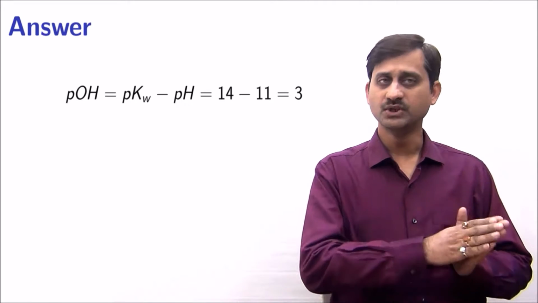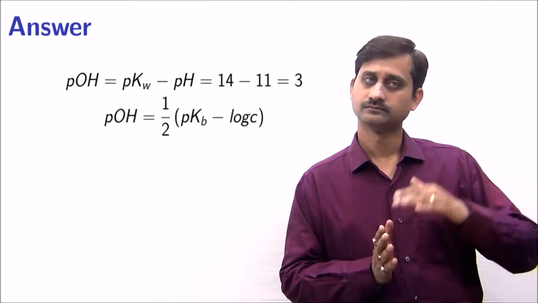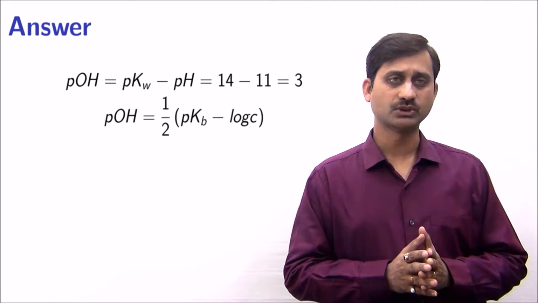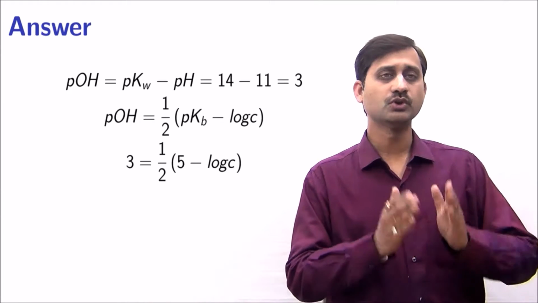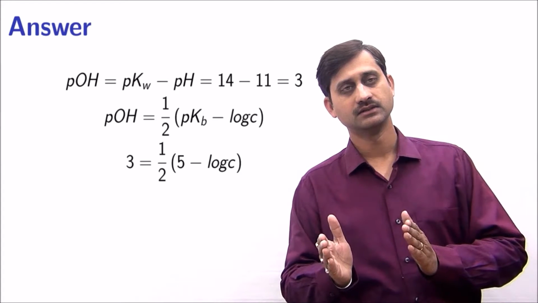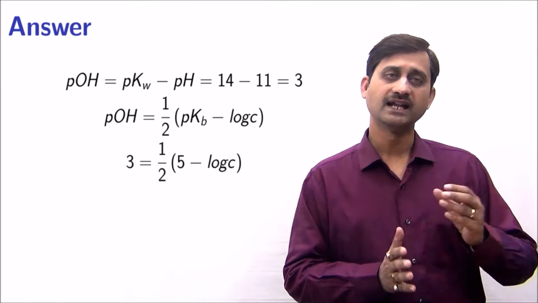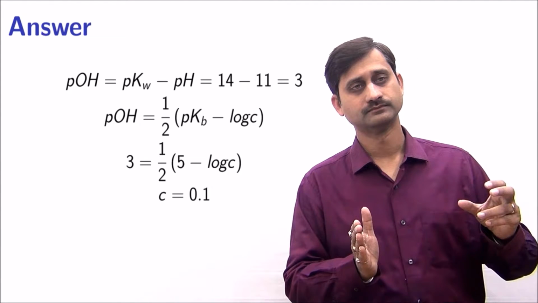Now we know pOH is equal to 1 by 2 of (pKb minus log C). Substituting the value of pOH as 3 and pKb as 5, we get 3 is equal to 1 by 2 of (5 minus log C). This equation gives us the value of C, that is the concentration of ammonia, as 0.1.